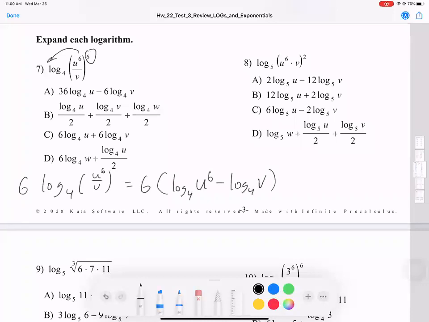And we want to move one more space down. The 6 doesn't belong up there because logs bring down exponents again. That's 6 log base 4 of u minus log base 4 of v. Now, this is 6 sitting on the outside. We multiply it in. The answer we get is A.